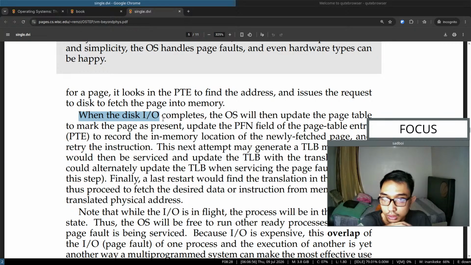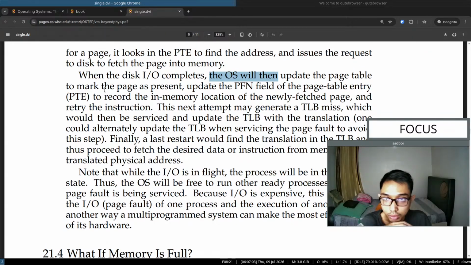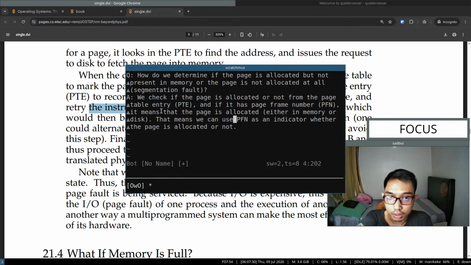When the disk input-output completes, the operating system will then update the page table to mark the page as present. Update the page frame number field of the page table entry, the PTE, to record the in-memory location of the newly fetched page, and retry the instruction. Right.